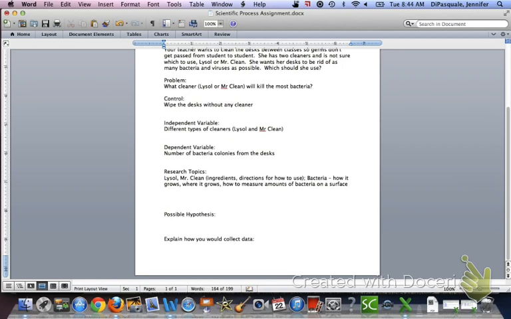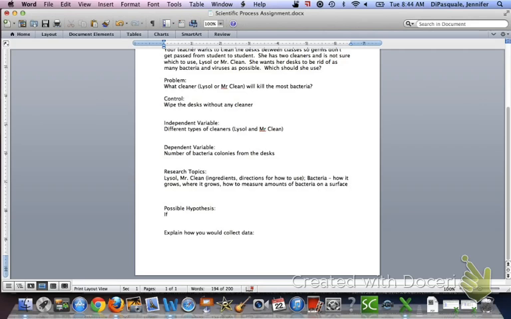So let's say in our research we looked at how the different cleaners are, and we decided that, okay, Lysol to me seems like it's going to do more. So you might think it's Mr. Clean. It's up to you. This is variable here. Please ignore that bell.